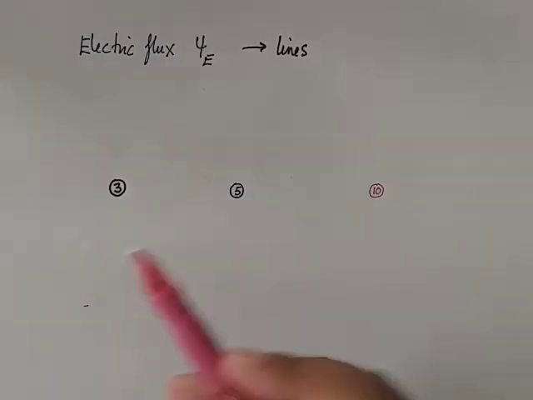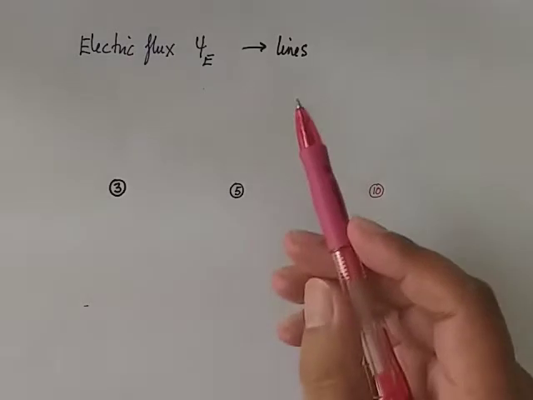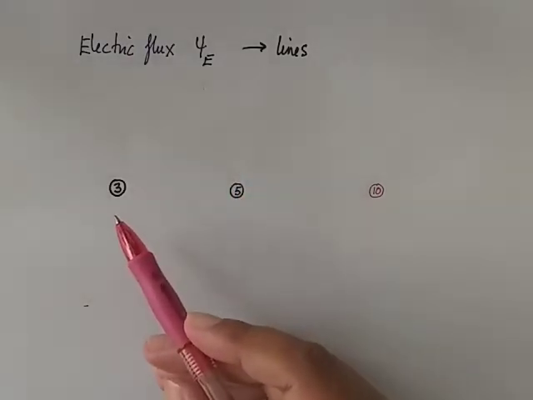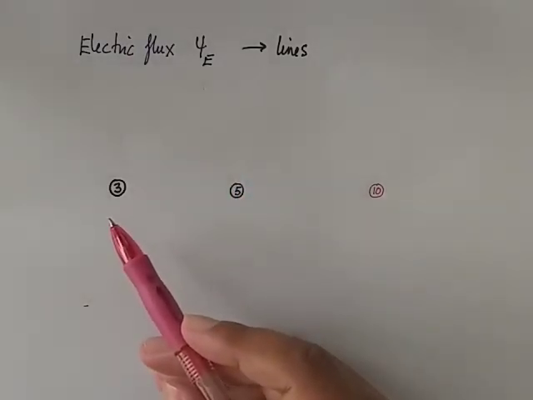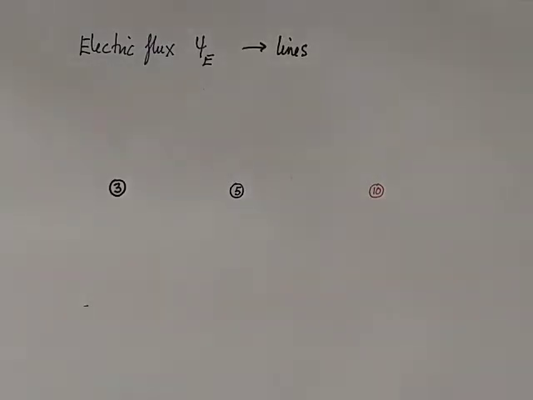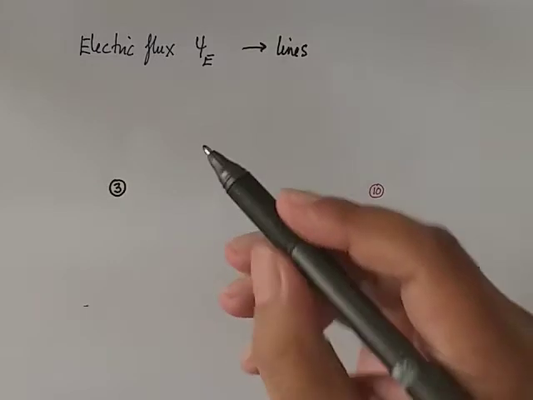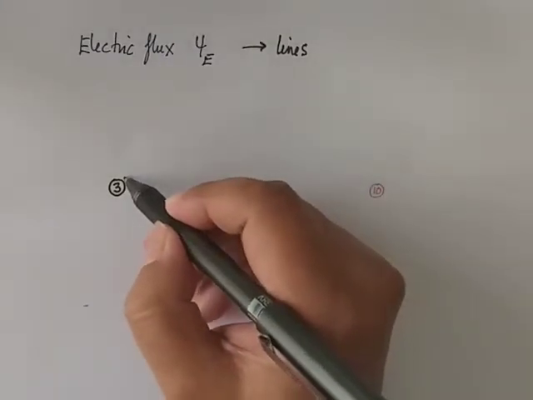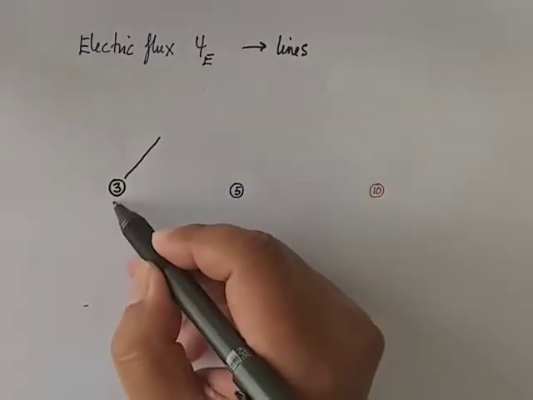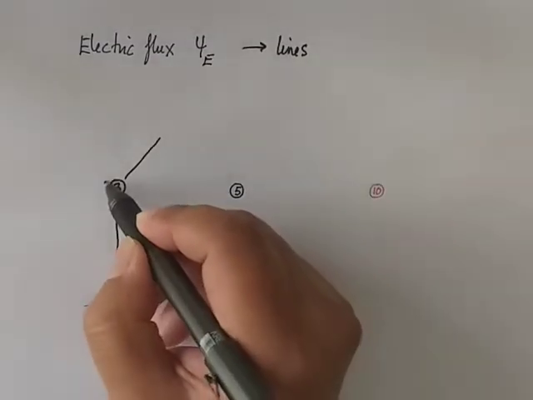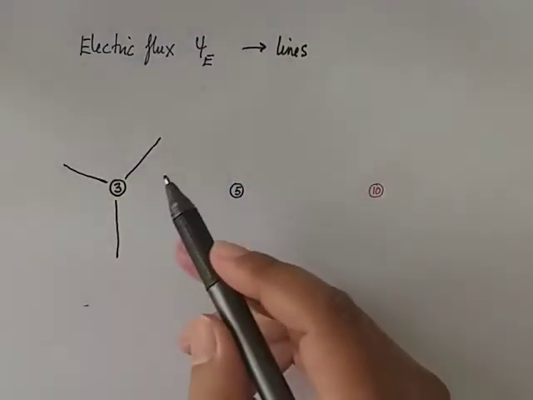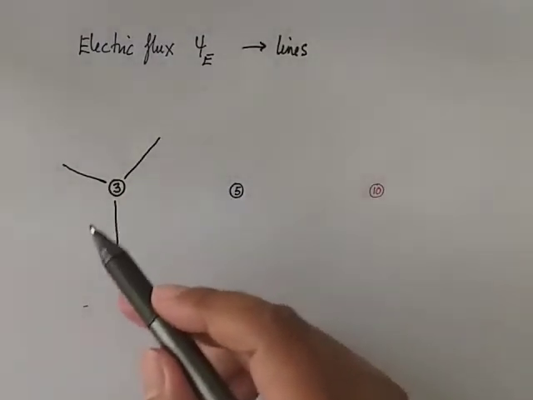And Faraday stated that the lines coming out from a particular point charge have the same value as the magnitude of the point charge. What does it mean? If we have a 3 coulomb point charge, therefore there are going to be 3 lines coming out from the source. So these lines are presumed to be our electric flux.